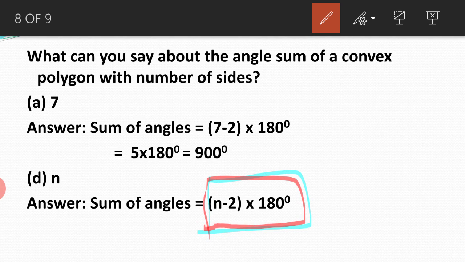Is it okay? So which formula we are going to remember, children? Sum of interior angles of any polygon with sides n is equal to n minus 2 into 180 degree. Is it okay? Remember this formula.